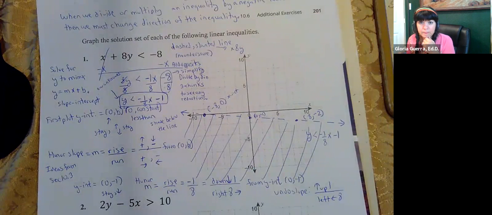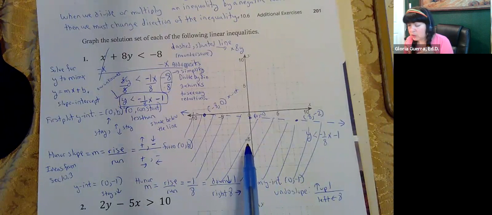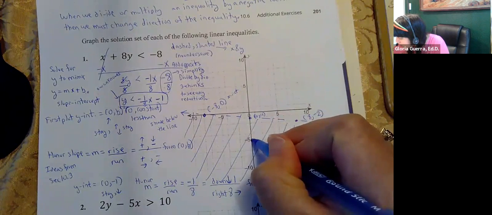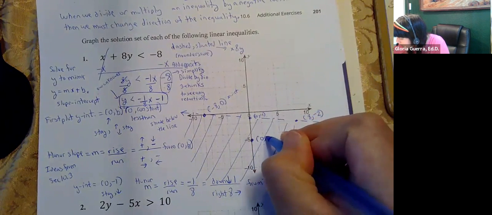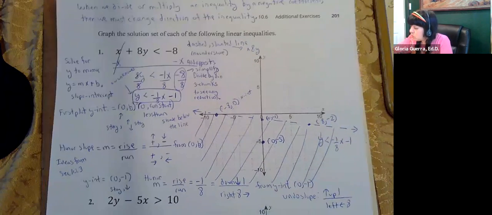So if I choose something that's next easiest, that's in the shaded region, like another intercept, like 0, -5, because the next best thing to 0, 0 is to have at least one 0. So if I pick 0, -5 as a test point, okay, so I'm going to do a check.